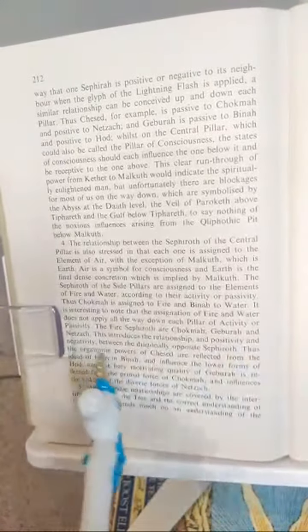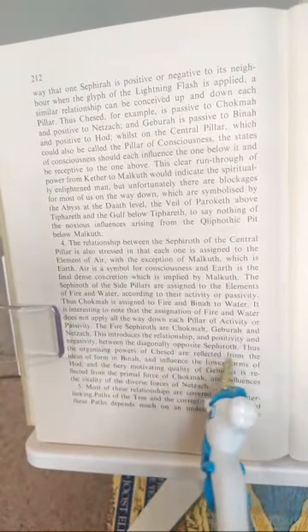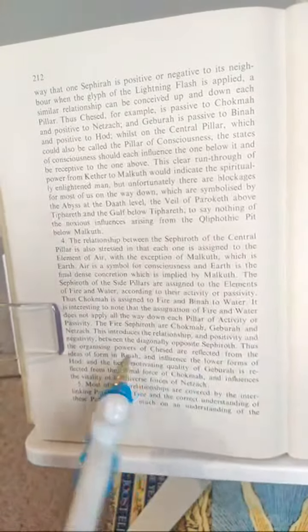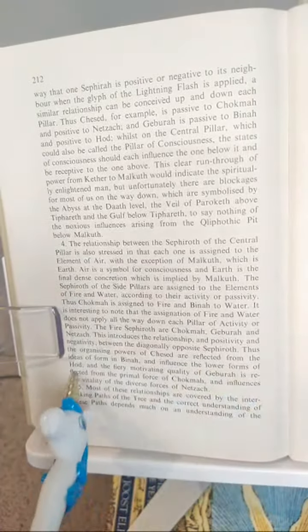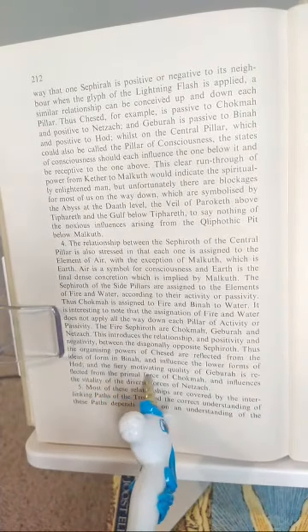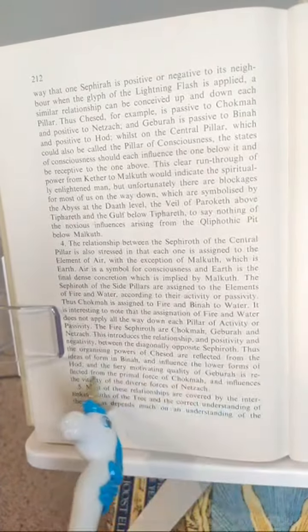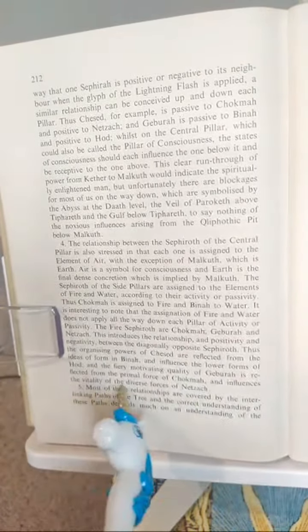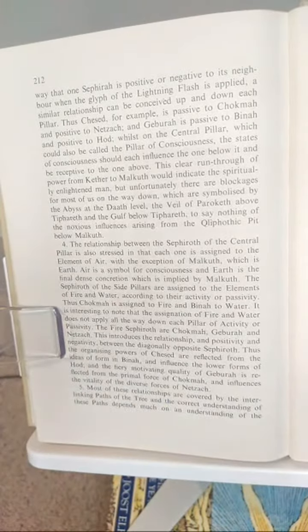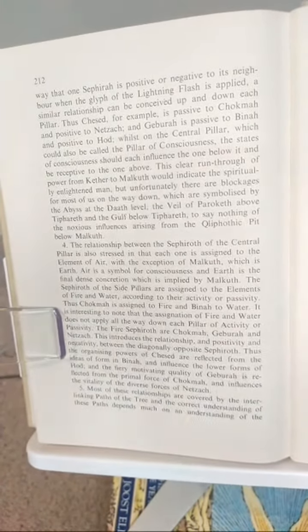Thus, the organizing powers of Chesed are reflected from the seed of form in Binah, and the influence of the lower forms of Hod, and the fiery motivating quality of Geburah is reflected in the primal force of Chokmah and influences the vitality of the diverse forces of Netzach. Okay, really bringing some concepts in this particular chapter.